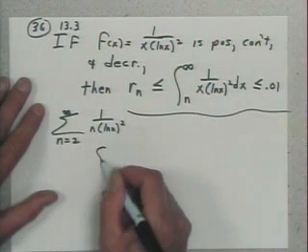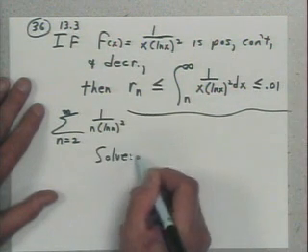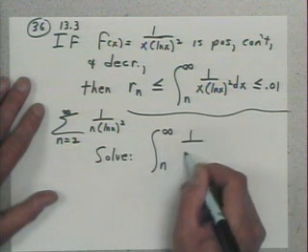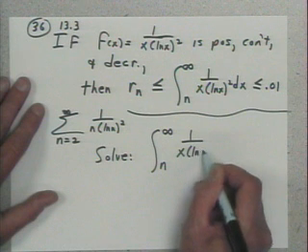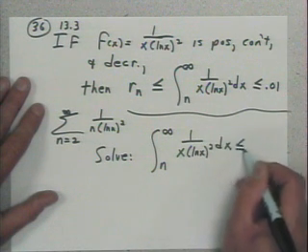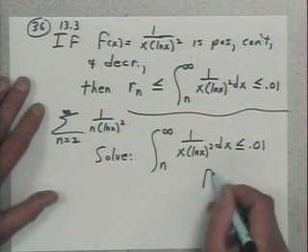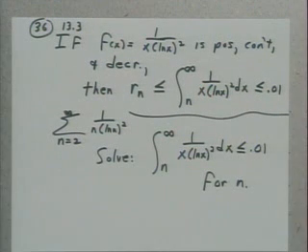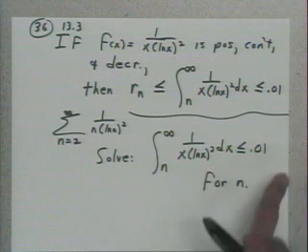So what we must do is solve the integral from n to infinity of 1 over x times the natural log of x, squared, dx, less than or equal to 0.01. We have to solve that for n. I want to find what value of n is going to make that true.